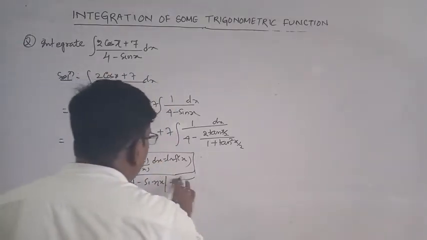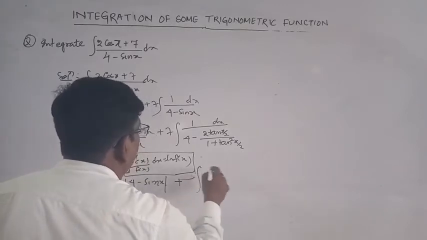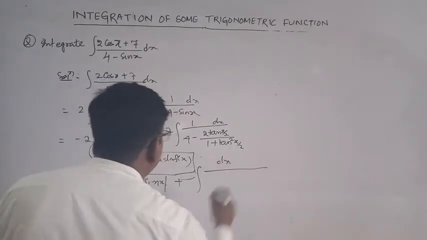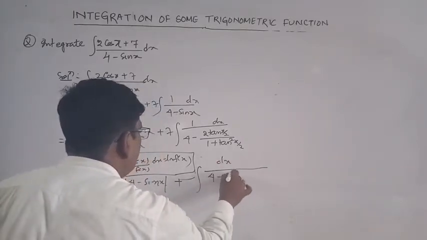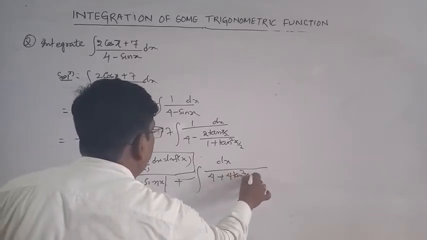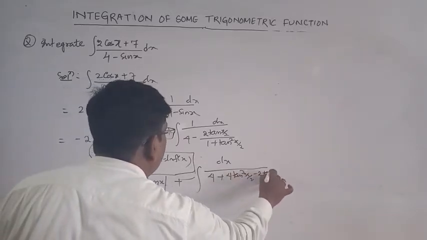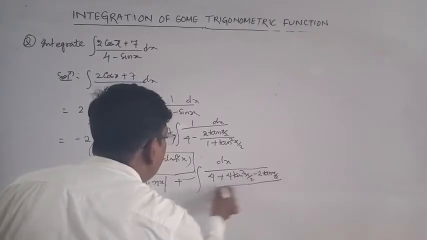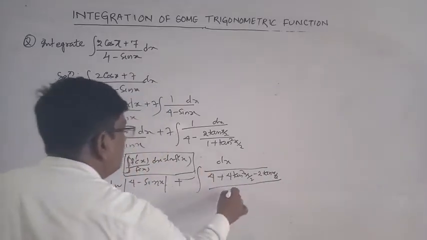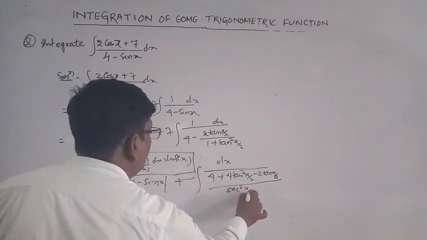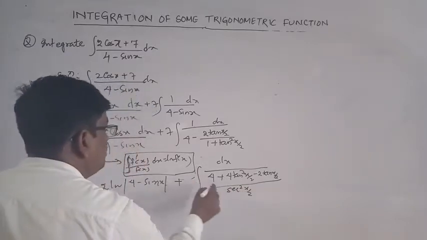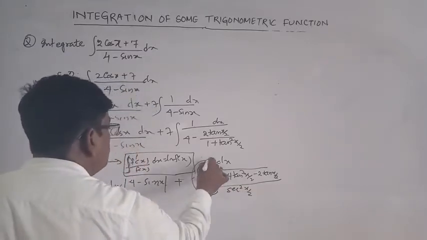Now simplify this. This is plus, and this is dx by 4 plus 4 tan square x by 2 minus 2 tan x by 2 divided by 1 plus tan square x by 2, means sec square x by 2. The sec square x by 2 comes to this position.